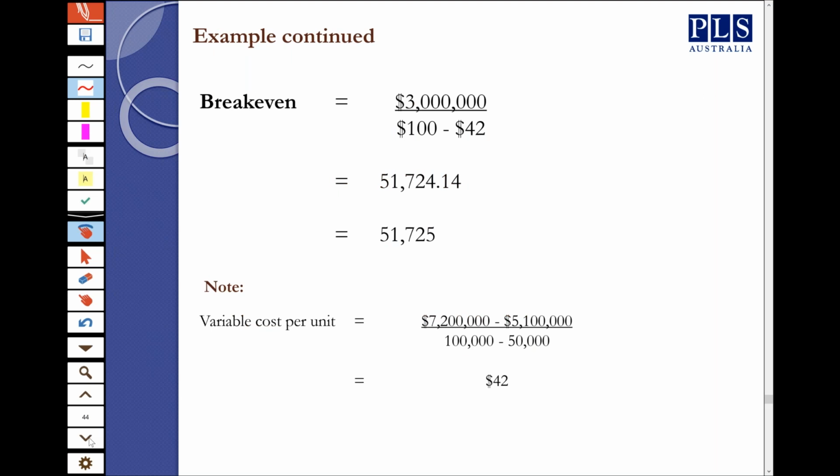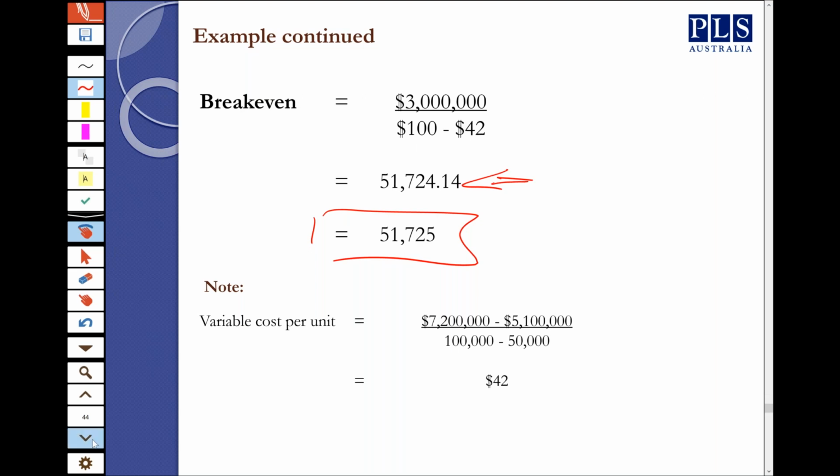That gets me a break-even of 51,724.14. Therefore, 51,725. You must round up these calculations to generate the mark. If you leave your answer at 0.14, you are going to be marked wrong. You must take it up to the next round number.